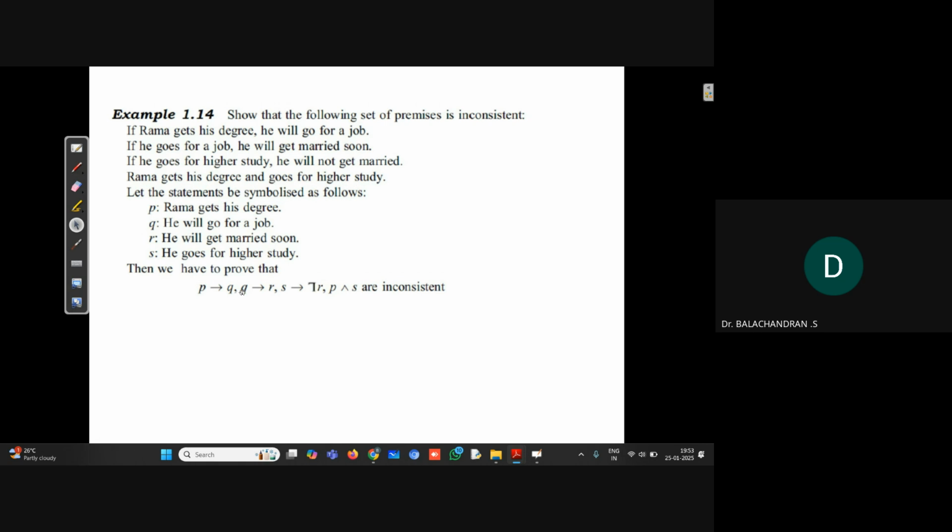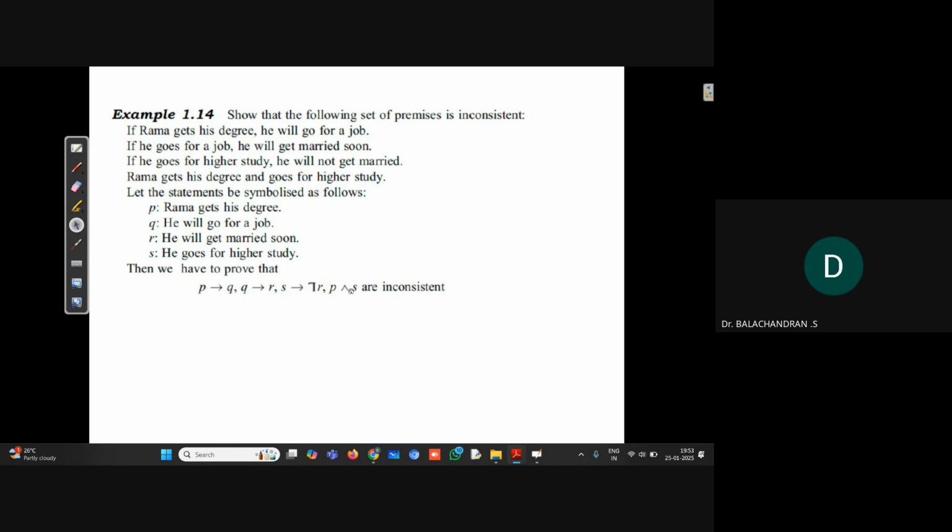Third one, if he goes for higher study, S implies negation R, he will not get married. Last one, Rama gets his degree, that means P, and goes for higher study, S.